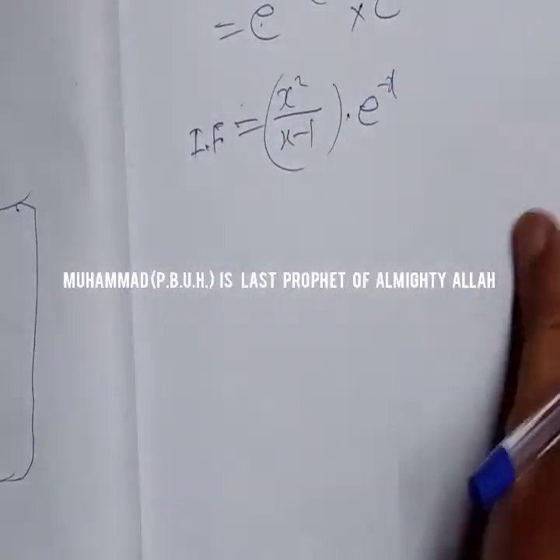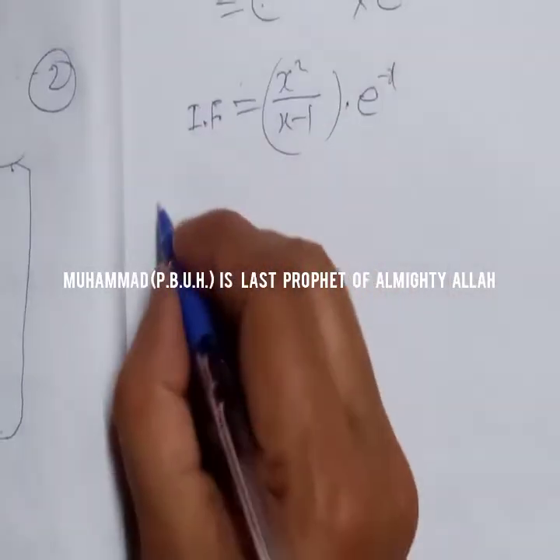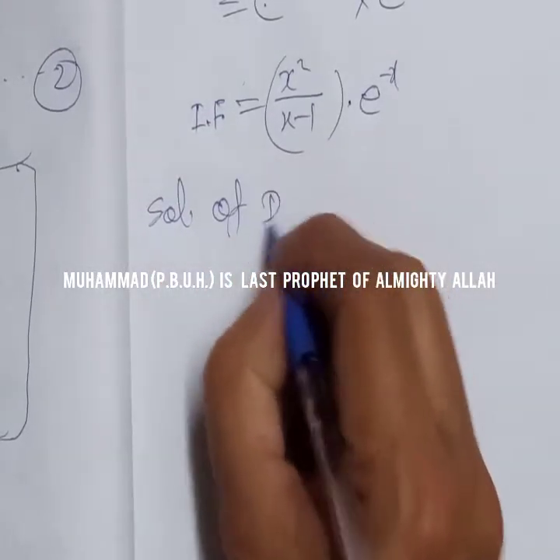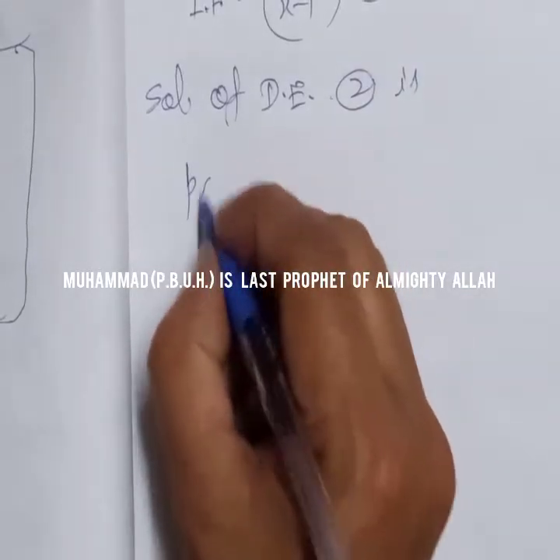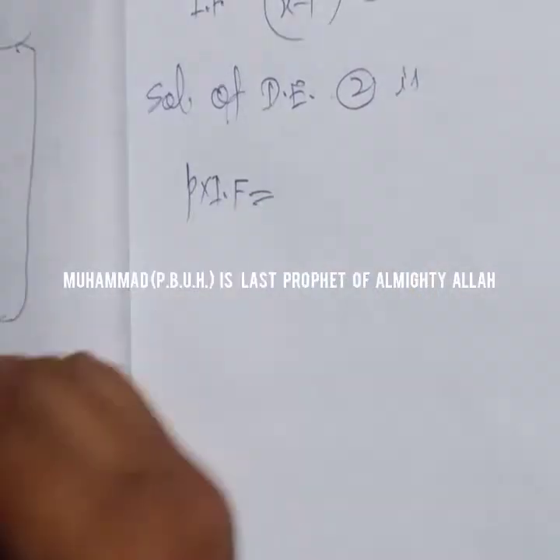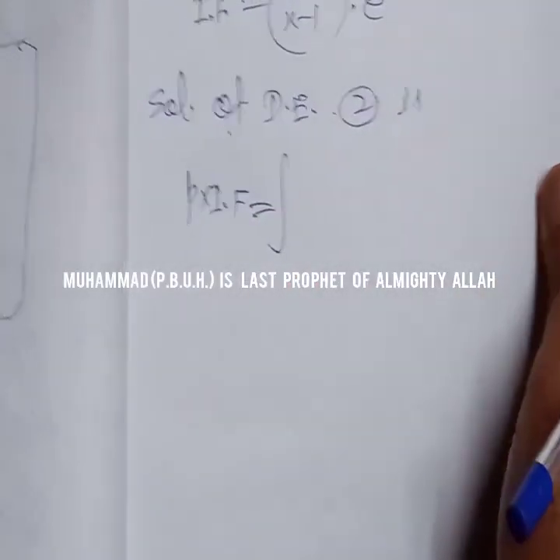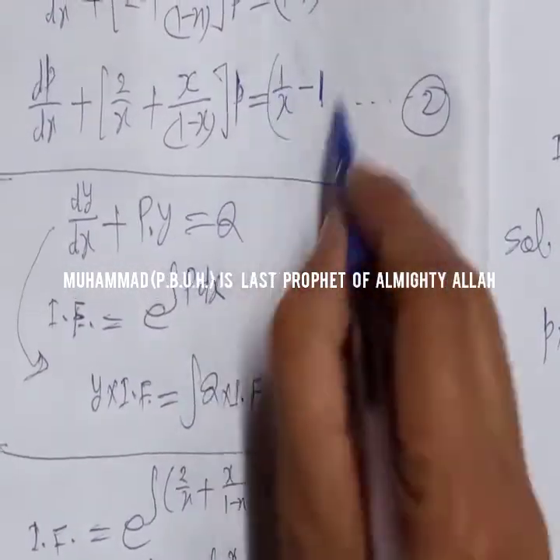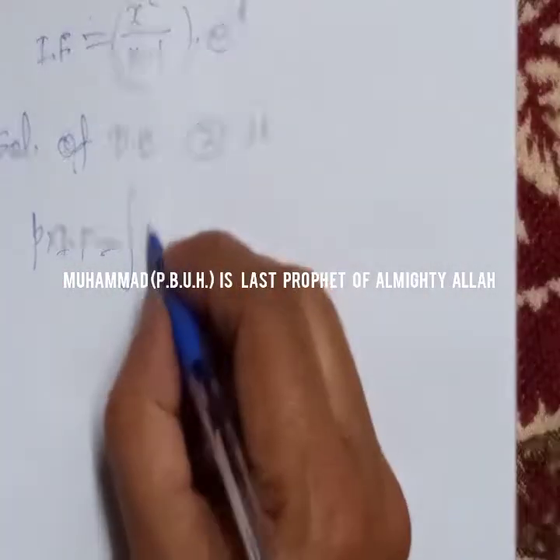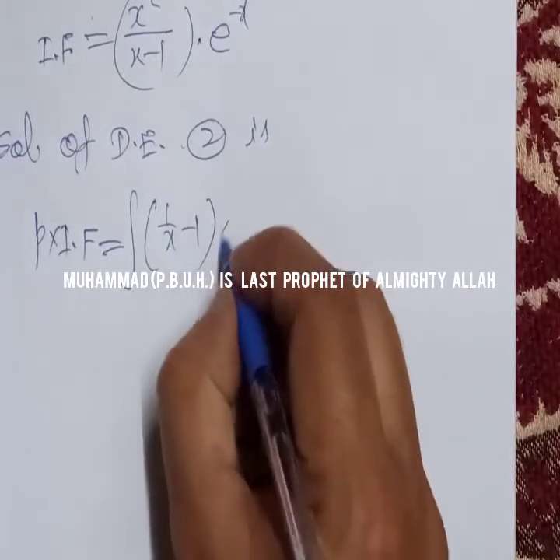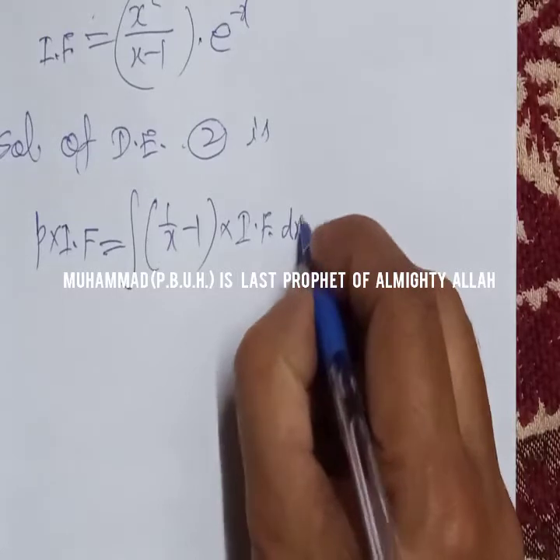Therefore the solution of differential equation 2 is given by p into the integrating factor, according to the formula, integral of q. Here q is the value of the right hand side, which is equal to 1 minus 1 upon x minus 1, sorry, and the integrating factor I will write in the next step.